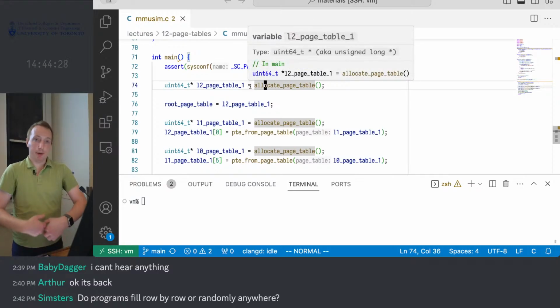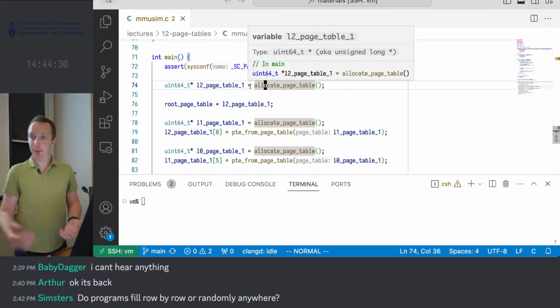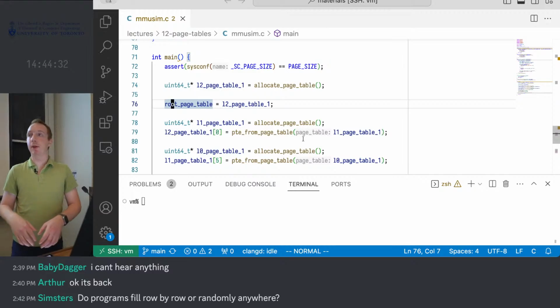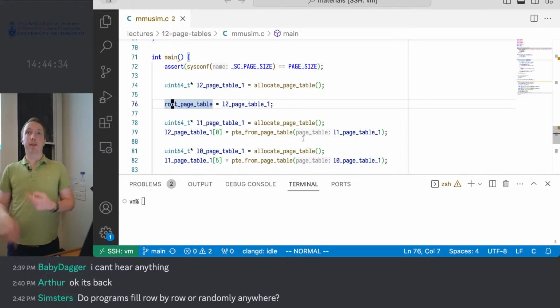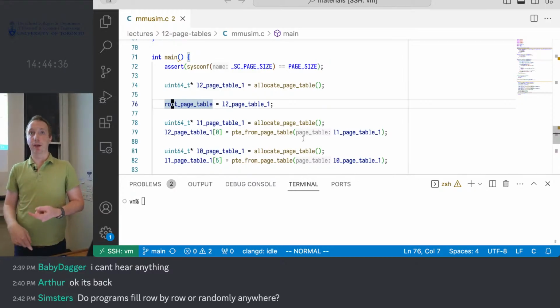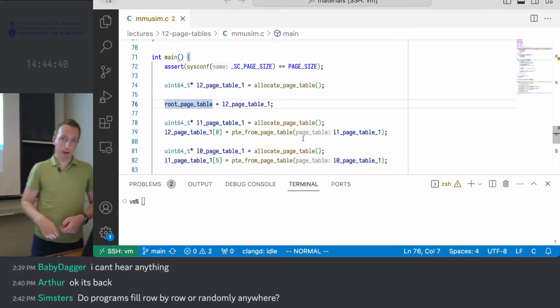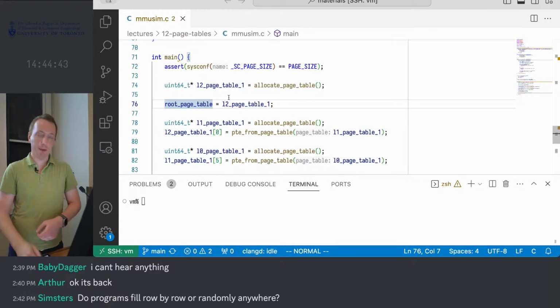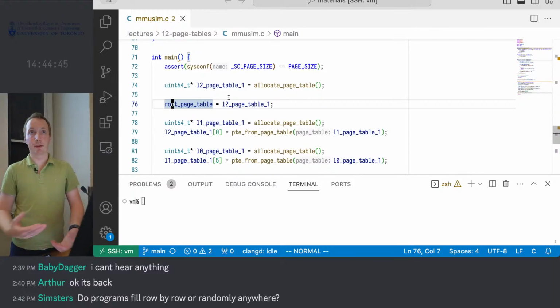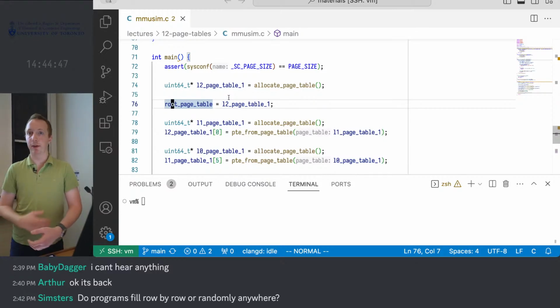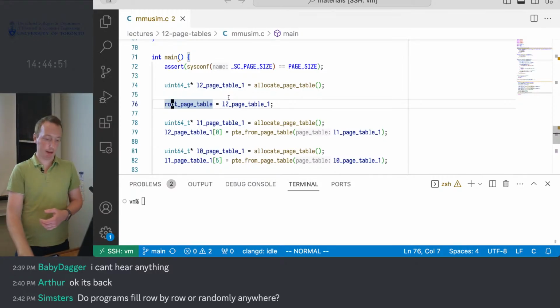So here I create a new L2 page table, and then the MMU, the only thing it needs to start off the translation is a root page table, which would be an L2 page table if I have 3 levels. So I have to tell the MMU what my root page table is, so it can start off using that for the translation. Then past that, it just follows the levels until it translates the address.